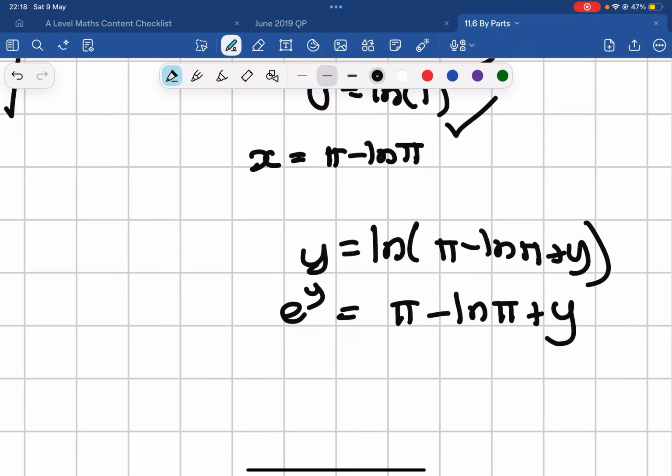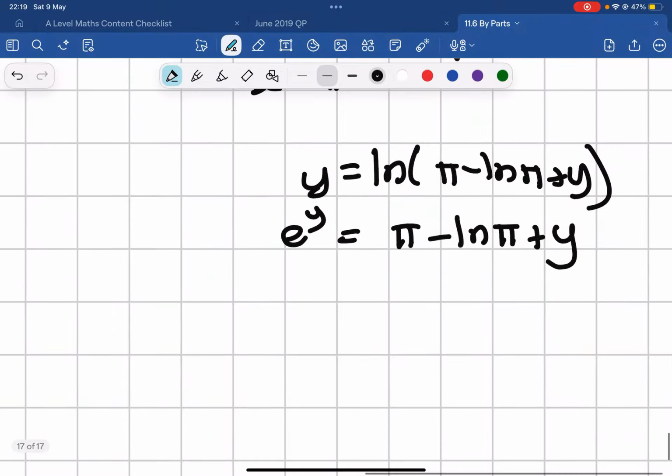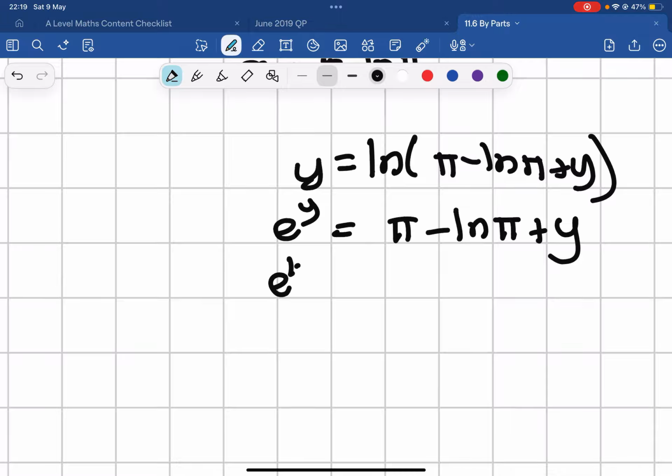Now what would work? We need to get ln pi somewhere, and we need to have pi. So I'm tempted to think that the y value here would be in terms of ln. So y equals ln pi. Let's put that in and see what happens.